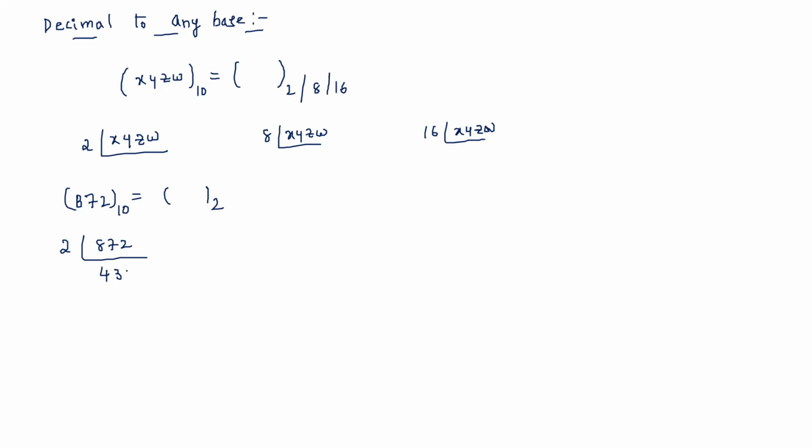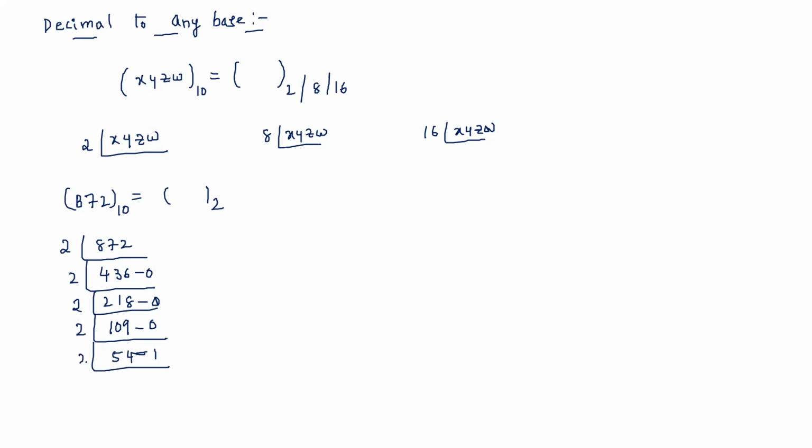Divided by 2 gives 436, remainder is 0. Similarly, 436 divided by 2 is 218, remainder is 0. 218 divided by 2 is 109, remainder is 0. Then 109 divided by 2 is 54, remainder is 1.